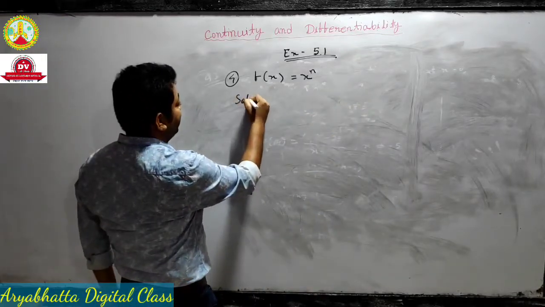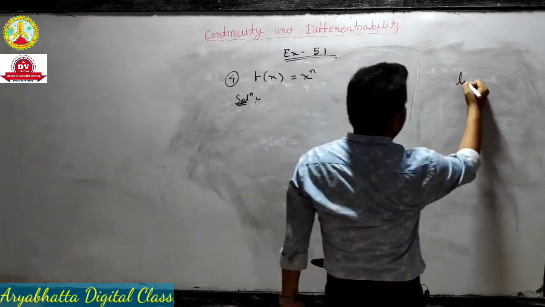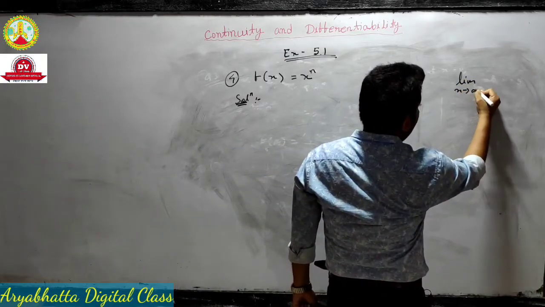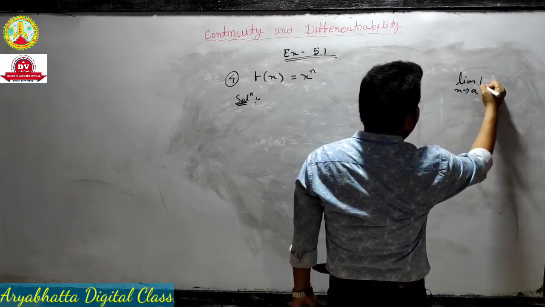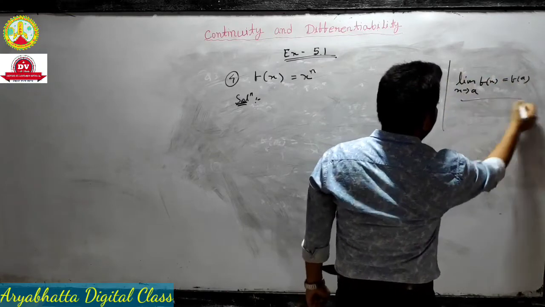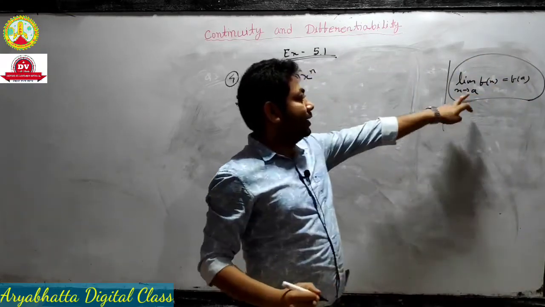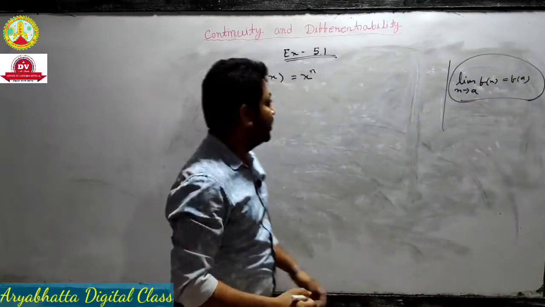We know that a function f of x is continuous at x equal to a if limit x tends to a, f of x is equal to f of a. Already we have learned this.